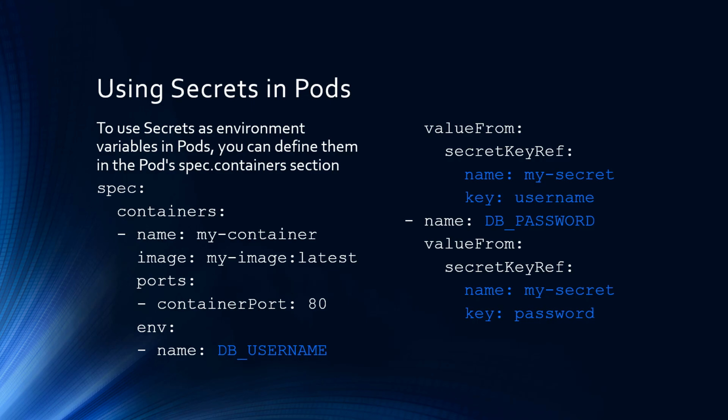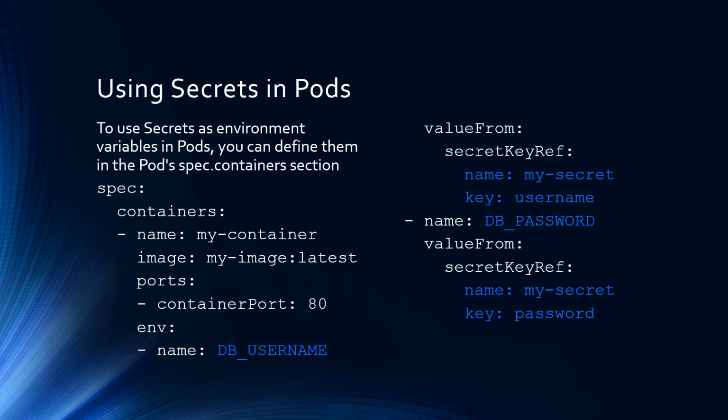There are several important considerations when using secrets. 1. Environment variables are visible to anyone who can exec into the pod. 2. They appear in container runtime logs. 3. Child processes inherit environment variables. For more sensitive data, consider using volume mounts instead of environment variables.